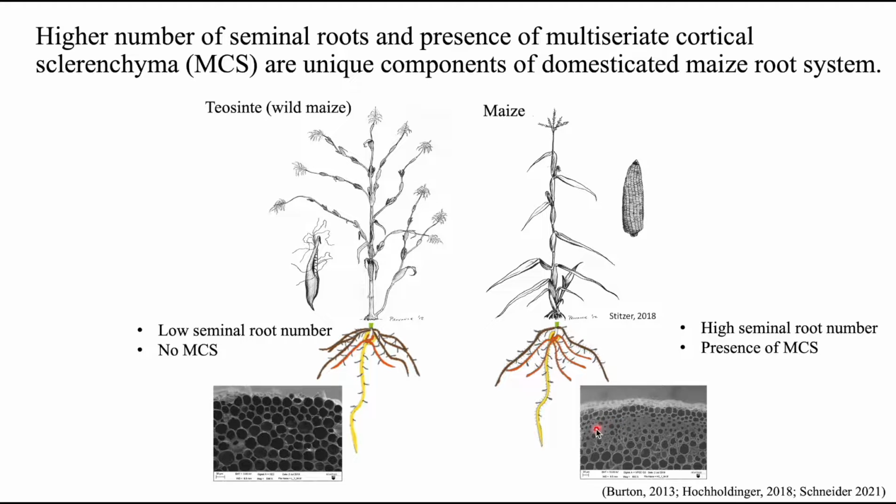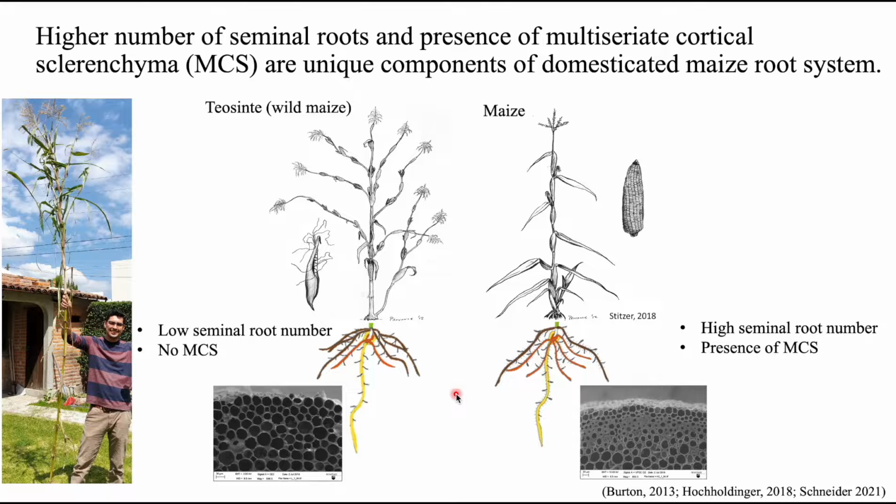So this phenotype is present in maize varieties, but is absent in wild varieties of maize. So these are two traits that distinguish the root system of teosinte and maize. And here I present a picture of one teosinte of my hometown in Mexico.